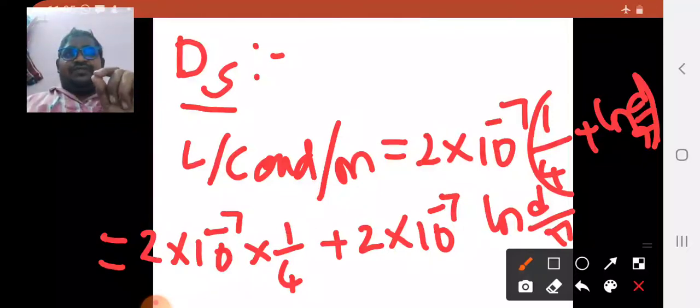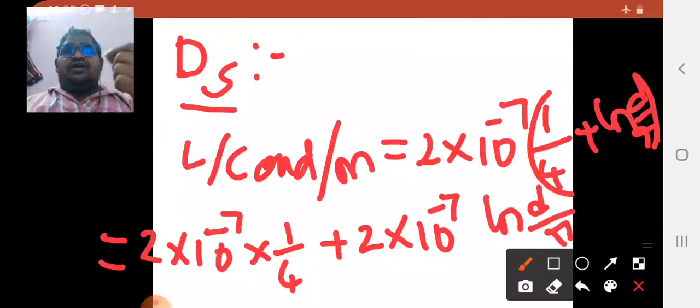For many purposes, it is desirable to eliminate this term by the introduction of a concept called self GMD or GMR. If we replace the original solid conductor by an equivalent hollow cylinder with extremely thin walls, the current is confined to the conductor surface and internal conductor flux linkages would be almost zero.